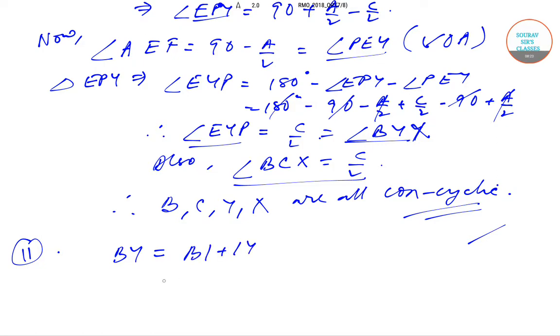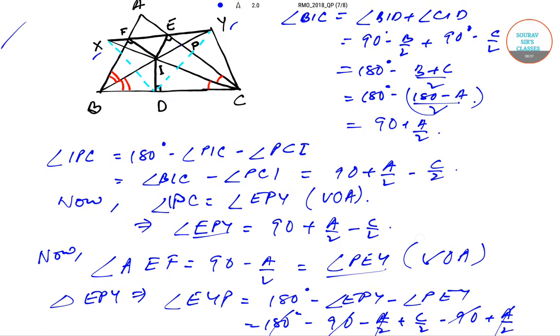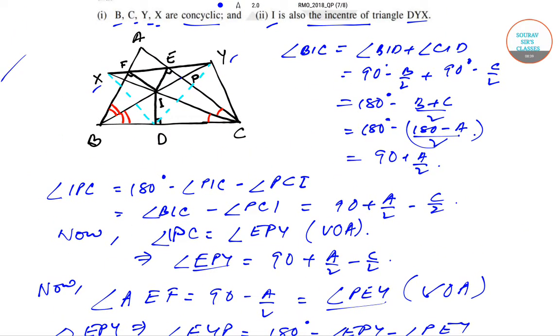Now BI, if we use the sine rule, will be equal to ID upon sine of B by 2. And IY we can write down as follows: if we consider the triangle IEY, then IY will be equal to IE into sine of A by 2, since this is the angle we are getting over here, this angle is basically 90 by 2, by sine of C by 2.